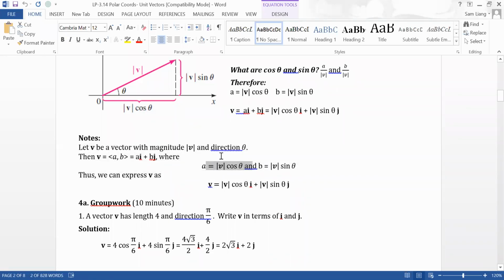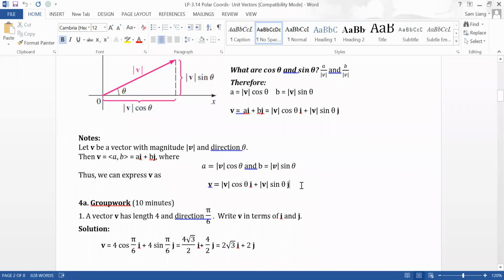Yeah, you just say a equals magnitude v cosine theta and b equals magnitude v sine theta. Thus we can express v as magnitude of v cosine theta i plus magnitude of v sine theta j. Okay, thank you for that.